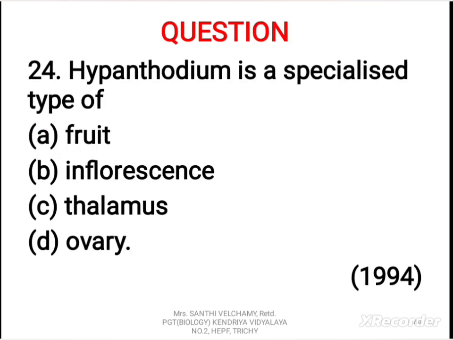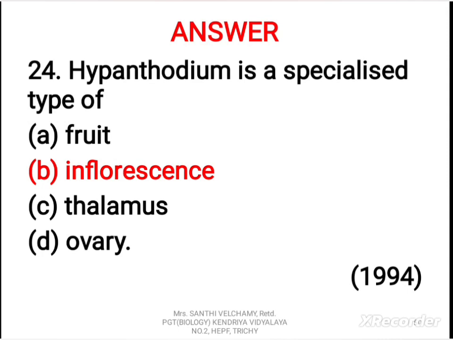24th question: hypanthodium is a specialized type of A. fruit, B. inflorescence, C. thalamus, D. ovary. An inflorescence is a cluster of flowers on the floral axis, so the correct answer is B, inflorescence. Hypanthodium is a characteristic type of inflorescence in the ficus family.